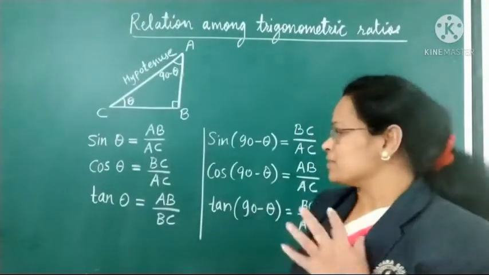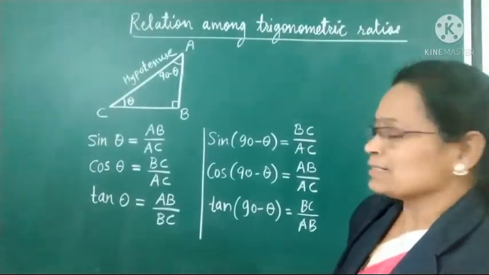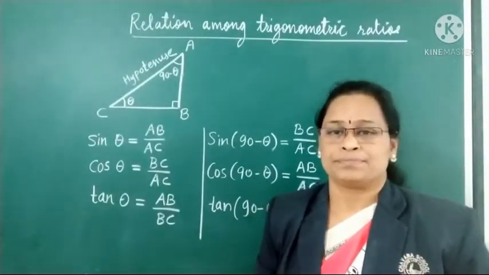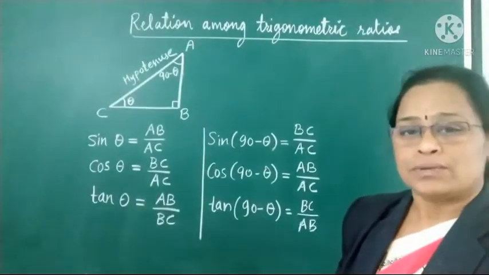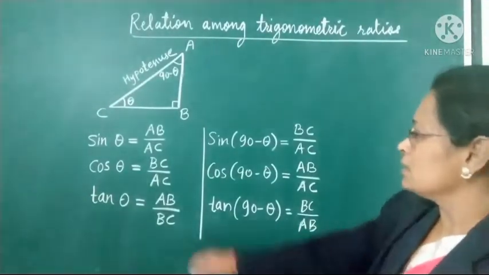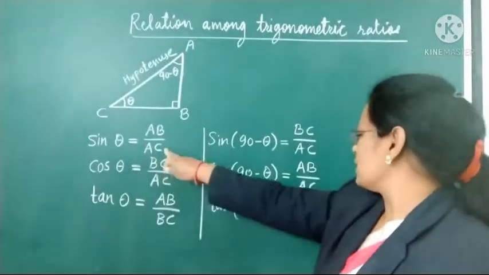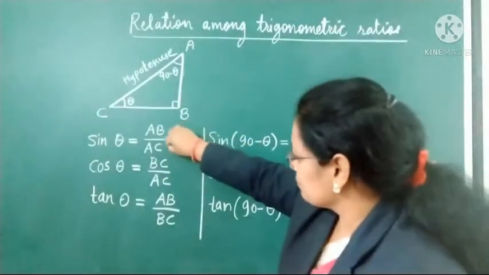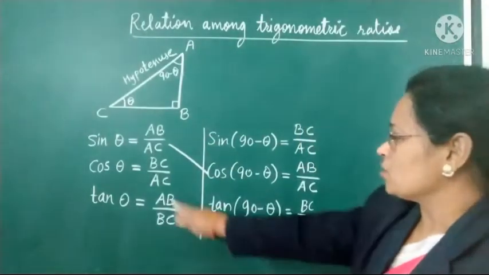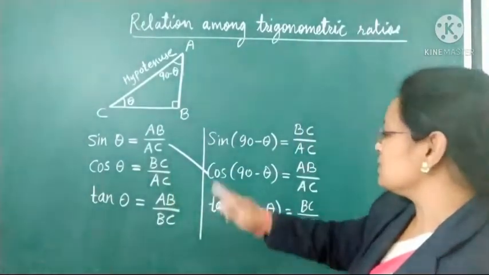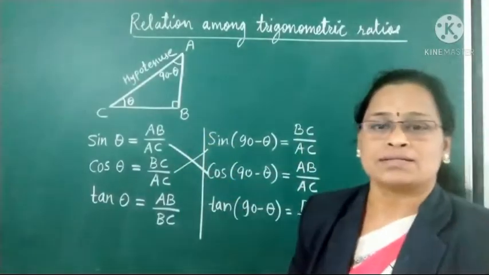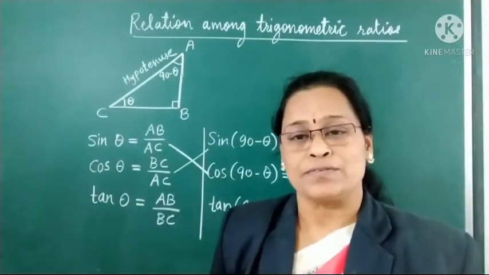Just observe these ratios and try to see which ratios are the same. You can find that sin theta, AB upon AC, and cos of 90 minus theta are the same. Cos theta, BC upon AC, and sin of 90 minus theta, BC upon AC, these two ratios are also the same. So what can we conclude from this?